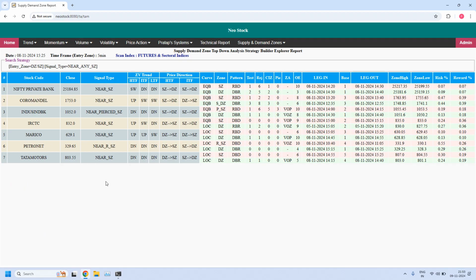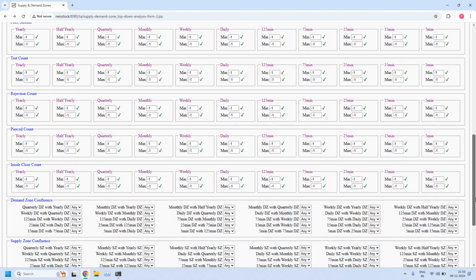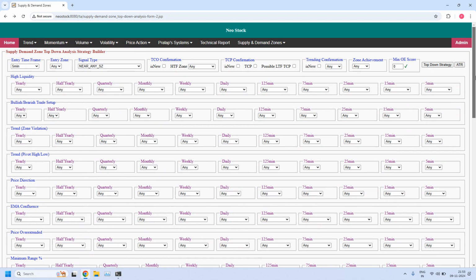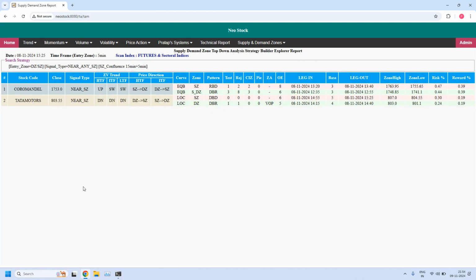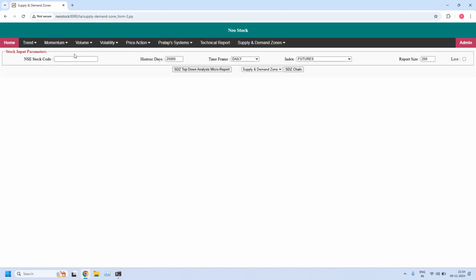Let's check how many of these supply zones are having ITF confluence. In the supply zone confluence, 5 minute supply zone with 15 minute supply zone confluence, we got 2 stocks. So this is about stocks near demand and supply zones. Next, we will identify NIFTY and BANKNIFTY supply demand zone chain.